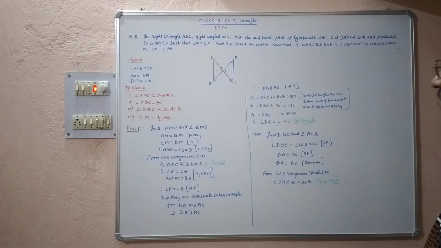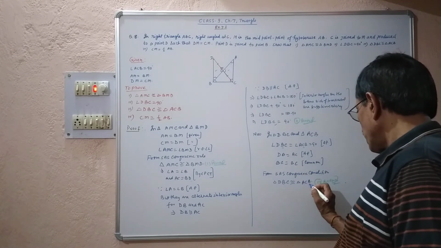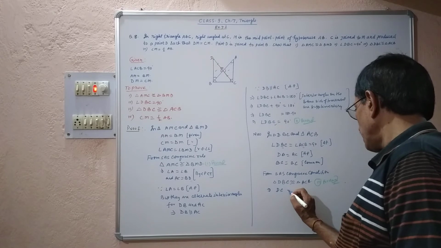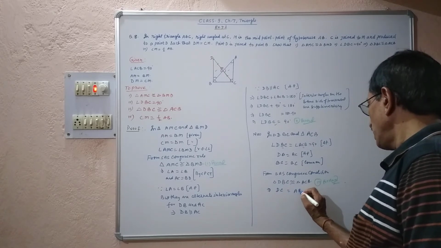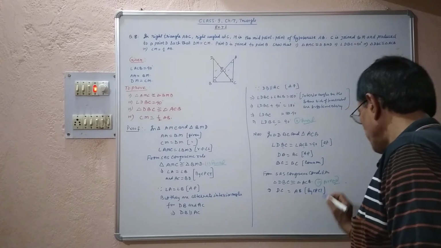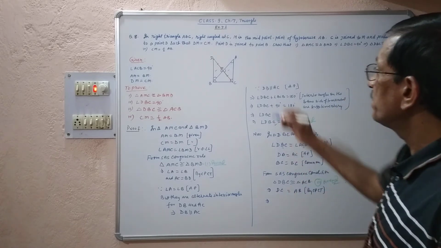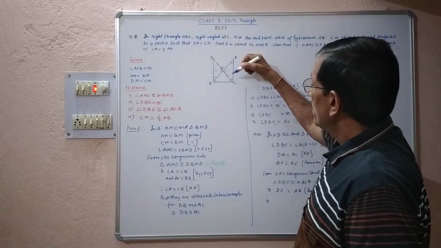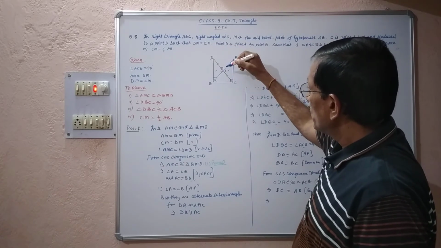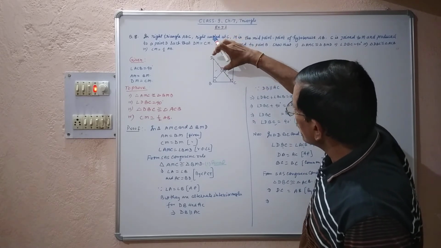Now since triangle DBC congruent to triangle ACB, this implies we can write DC is equal to AB. How? By CPCT. But DC is divided into two equal parts, DM equal to CM. So DC is twice of CM. Or you can say DC is twice of DM.